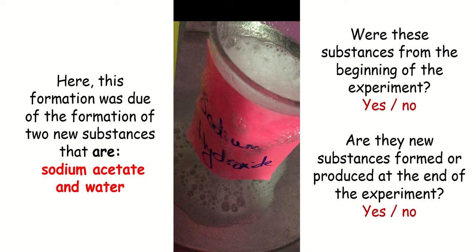What are these two substances? They mentioned a substance called sodium acetate, and another substance that is water. Okay? Let's read these questions and answer them. Were these two substances, the sodium acetate and the water, present from the beginning of the experiment? Yes or no? You have to answer.